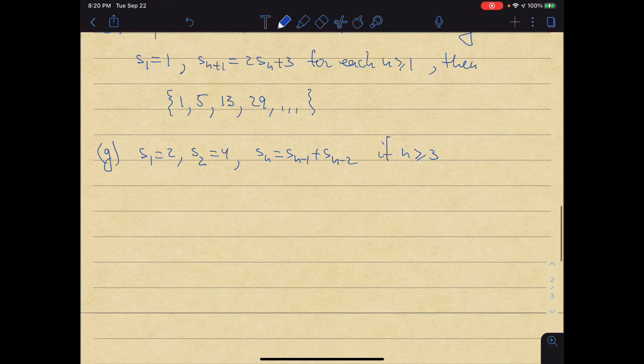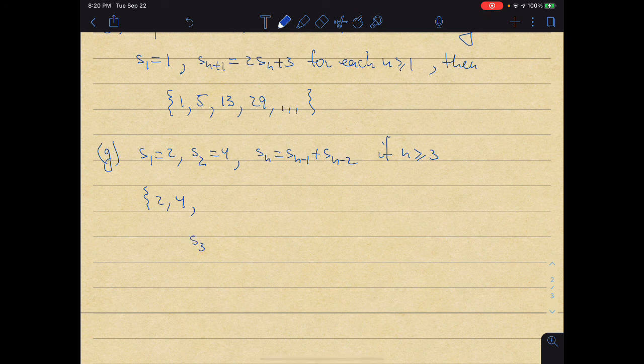All right, so can I reconstruct this sequence? Again, it is recursive because the next element depends on previous elements. So if I want to list the elements of the sequence, 2 and 4 come in automatically because I know what S1 and S2 are going to be. Then what is S3?